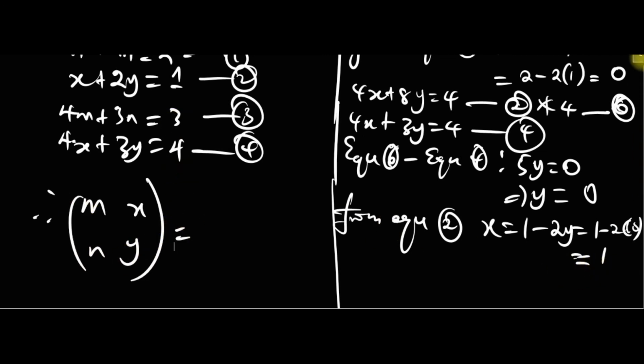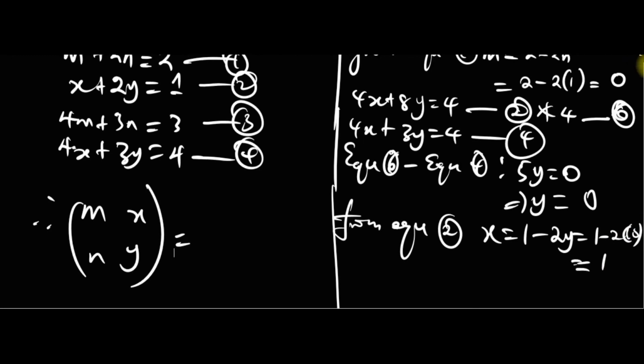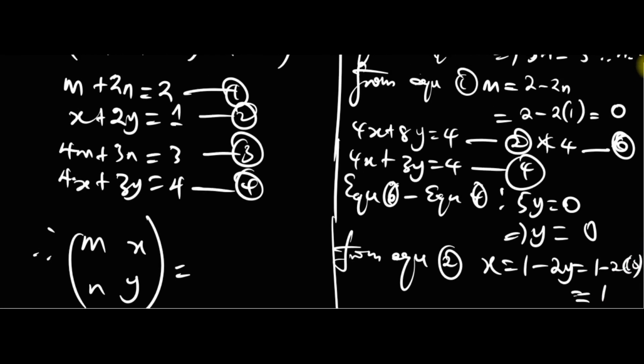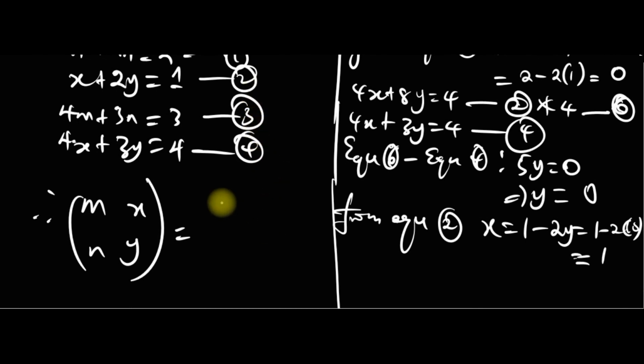The value of m is 0, n is 1, so 0 and 1. Then x and y: y is 0, x is 1, so 1 and 0.